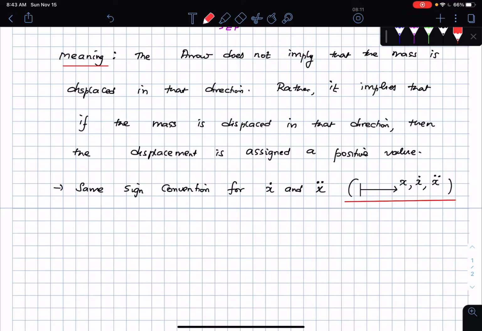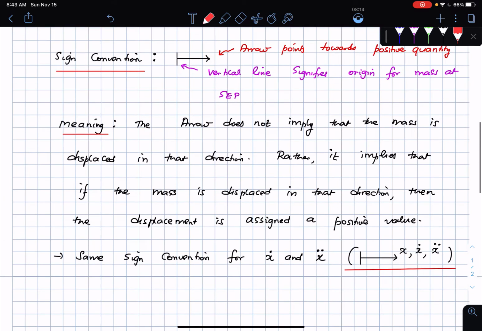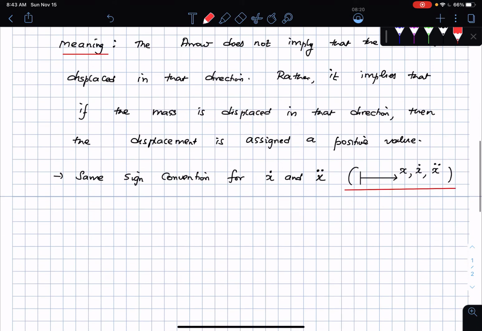Now what I have to do is the following. The degree of freedom in this situation is only 1, which means the coordinate x is sufficient for me to describe the entire position of the mass.